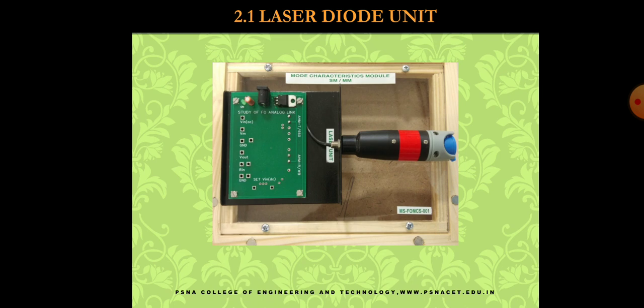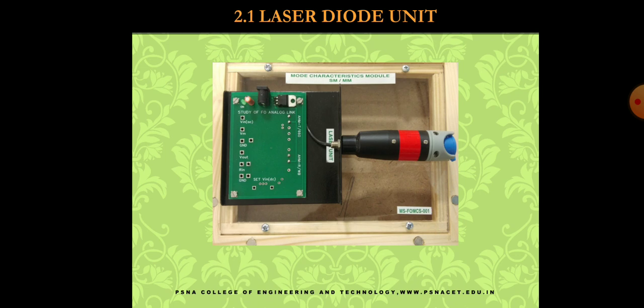When the ferrule is fully inserted, rotating the ferrule will result in variation of the pattern observed on the display screen. The output power of the laser diode is settable through the potentiometer provided. One needs to set the laser output to the desired intensity.